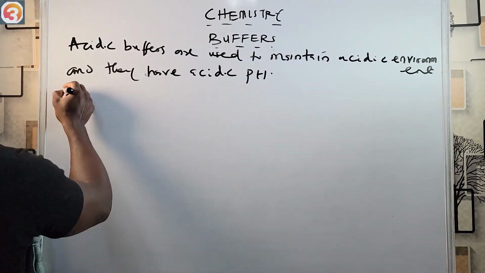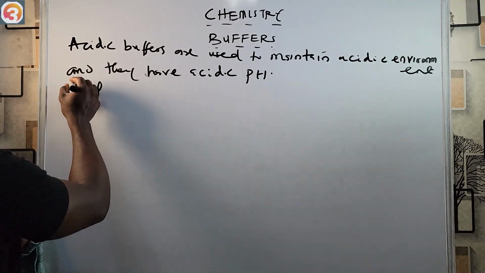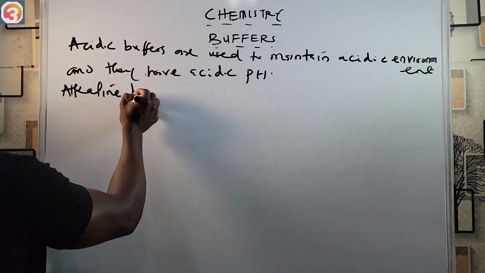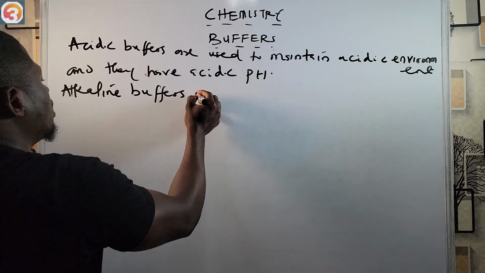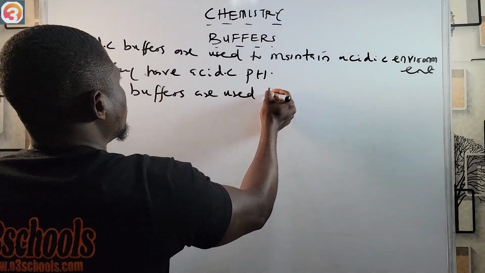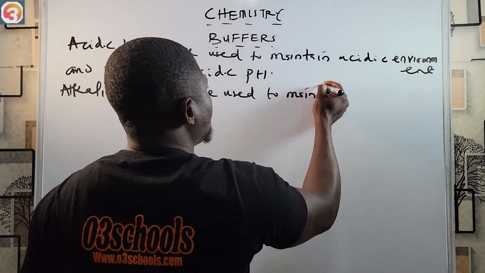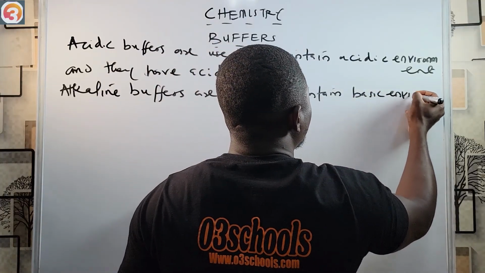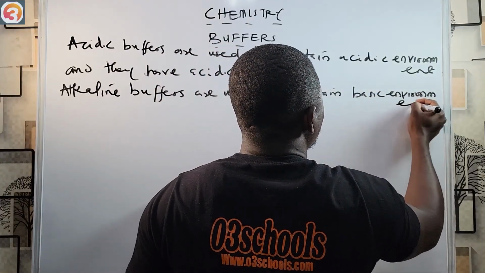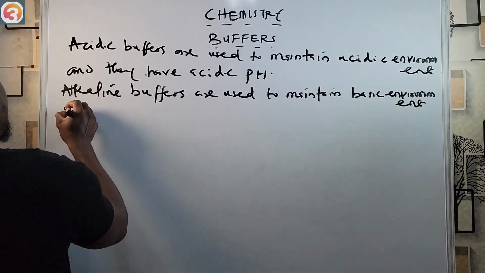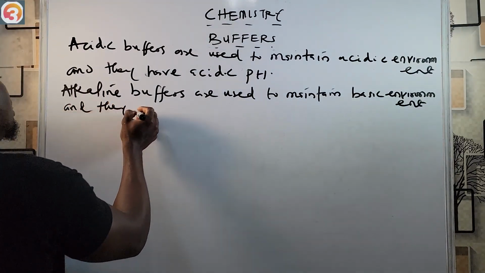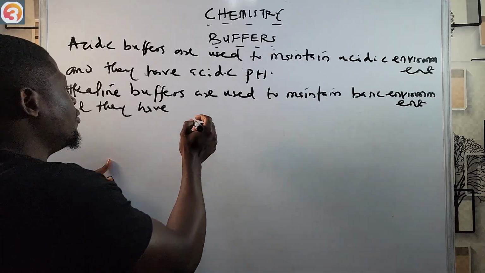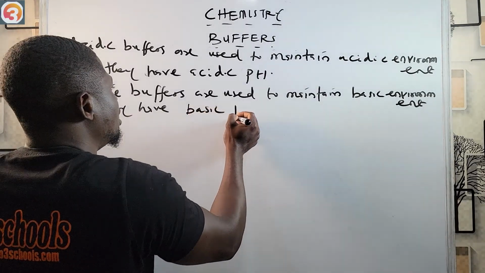While alkaline buffers, on the other hand, are used to maintain a basic environment, and they have basic pH.